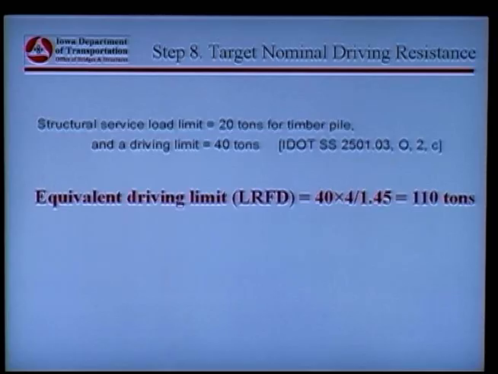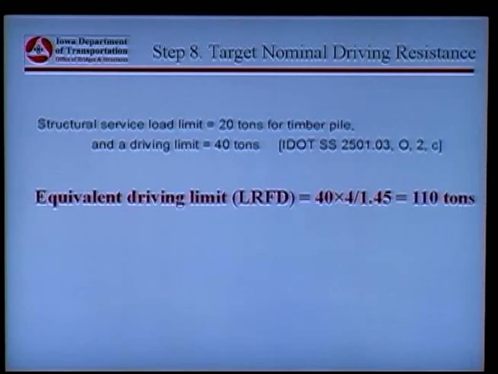Right? So in the LFD design, everything is compared in terms of nominal. So what I did here is that it's not included in your worksheet. You may write down that the equivalent driving resistance or the driving limit for timber pile for LFD shall be equal to, you take the 40 tons, multiply by the factor of safety of 4, and divide by the equivalent or the average load factor 1.45, and it is 110 tons.